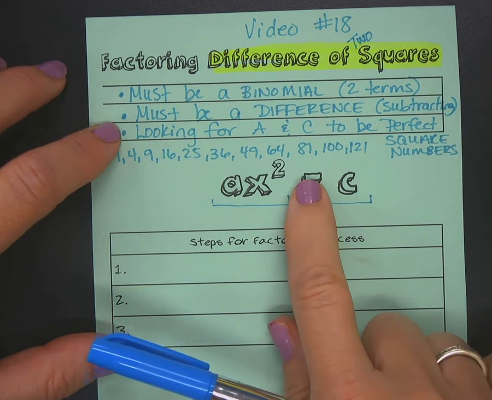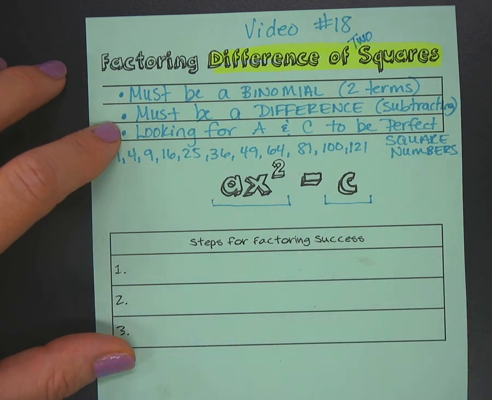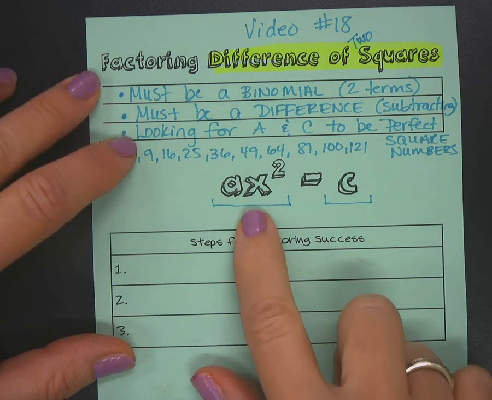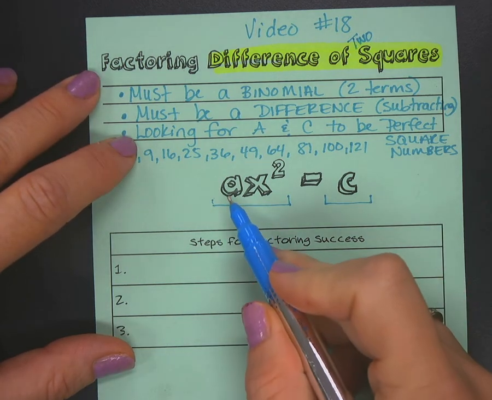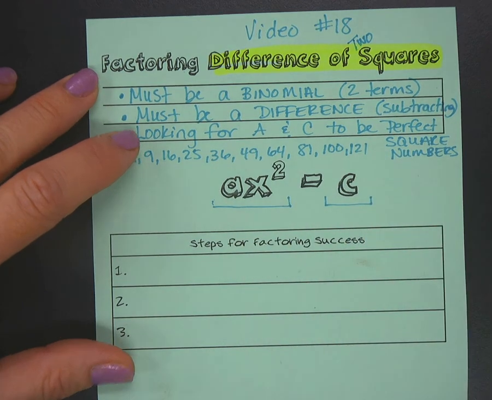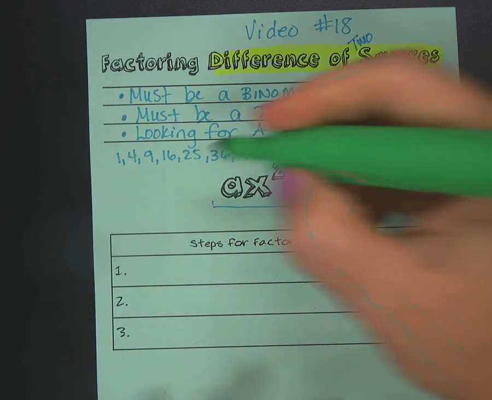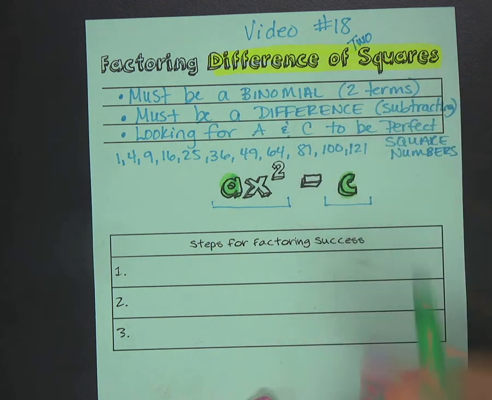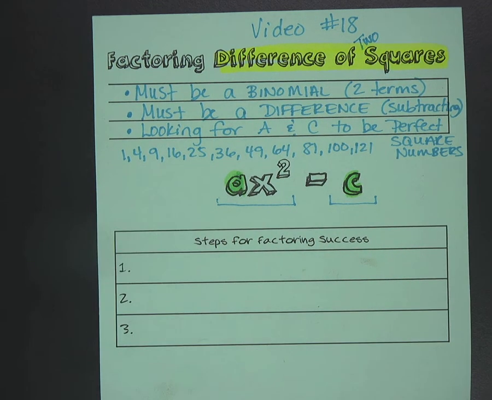It must be a difference, meaning we must have a subtraction sign there. And it's not a requirement, but we're looking for a and c to be perfect square numbers. As a review, the perfect square numbers are listed here: 1, 4, 9, 16, and so forth. Those are numbers that are really important for you to apply.